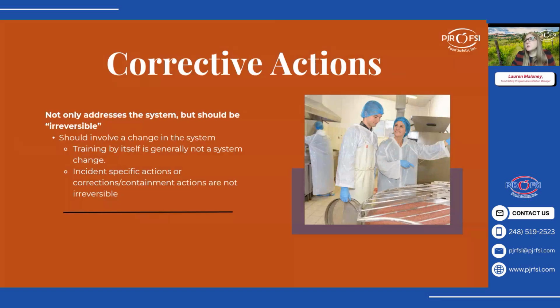They should address the system and be irreversible, which means that the problem doesn't reoccur. So if the corrective actions were implemented and they were identified correctly from the root cause, then those problems or problems like them should not reoccur.